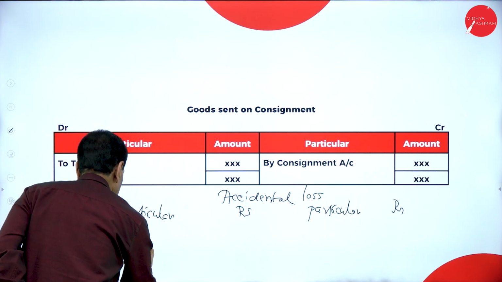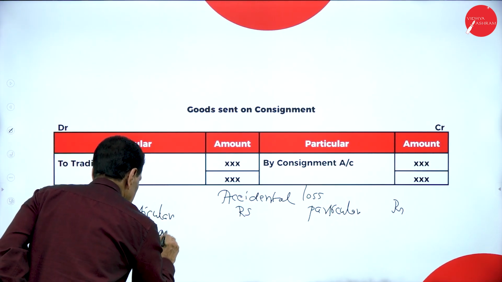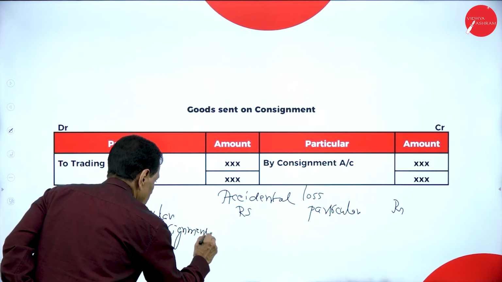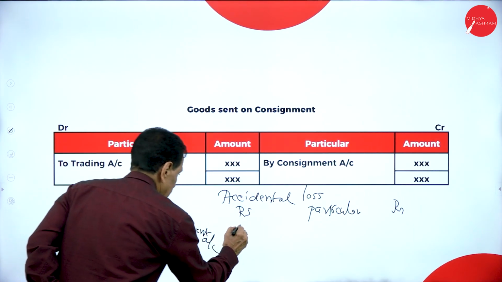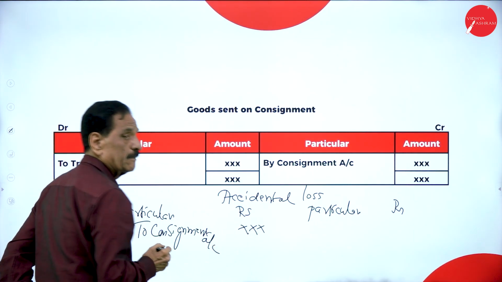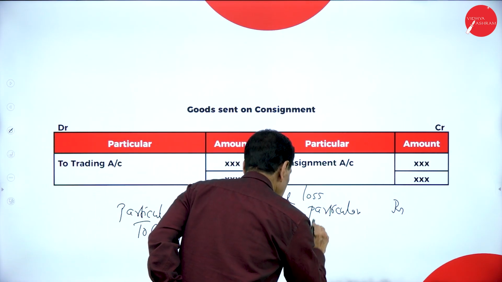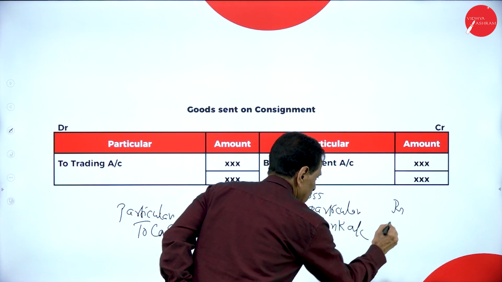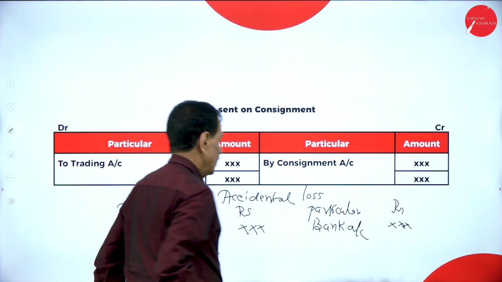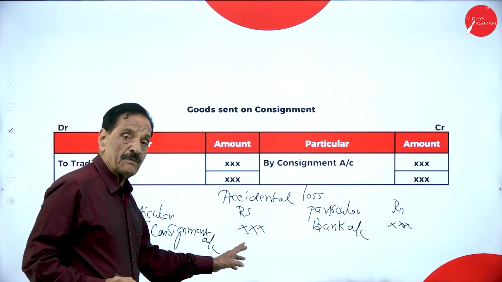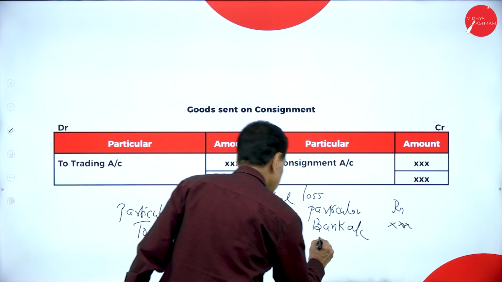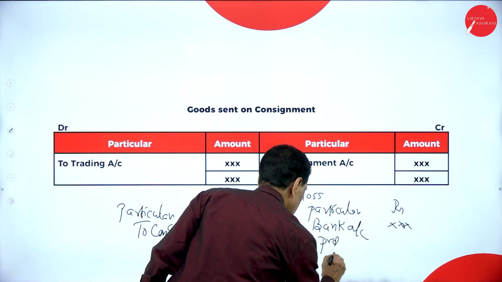To consignment account, full amount, right? By bank account, amount recovered from insurance company. So total amount of loss, how much you recover from insurance company, whatever the difference is profit and loss.